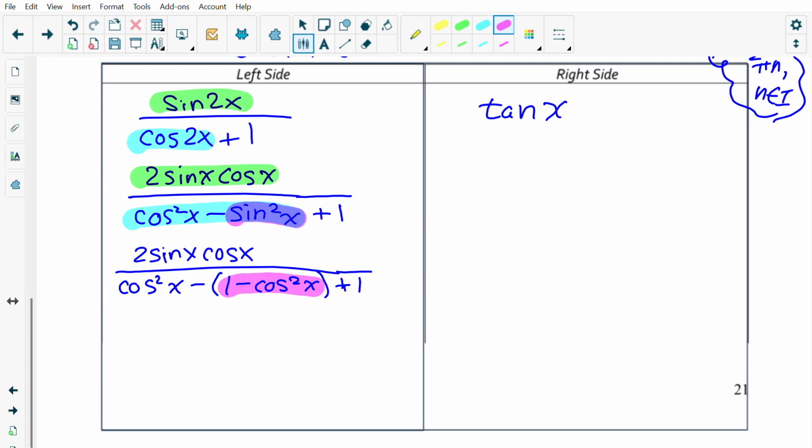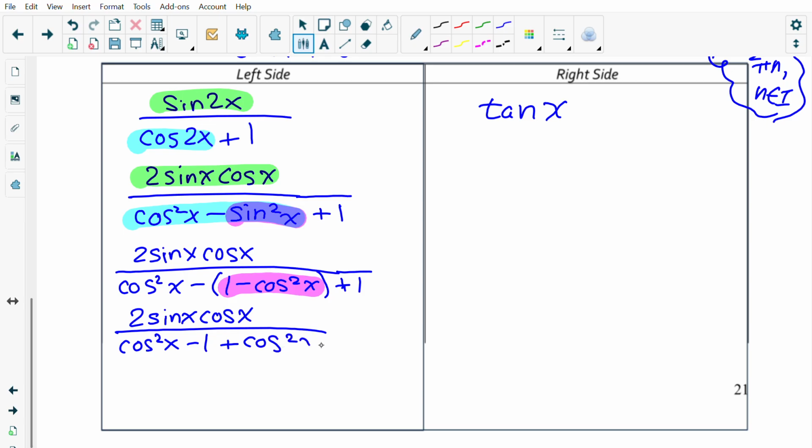So this one for this one right here. Okay, so that's another one. Let's continue. That's 2 sine of x, cosine of x, divided by cosine squared of x minus 1 plus cosine squared of x plus 1. Let's keep going.